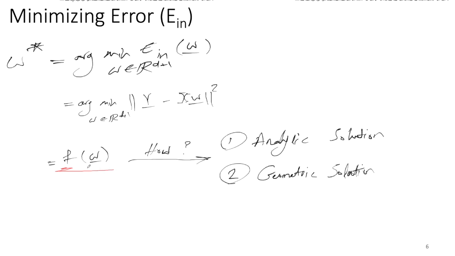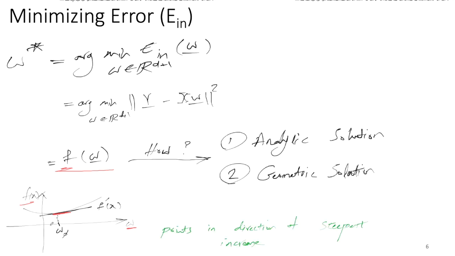Now if you draw this f of w, you're going to have a shape similar to this, where this is your w, and this is your f of x, and this is your function. We are interested in those points, such as w0, in the direction of the steepest increase in your graph.